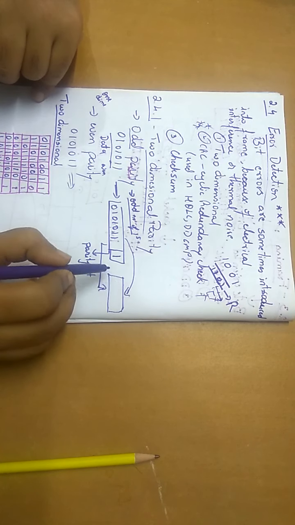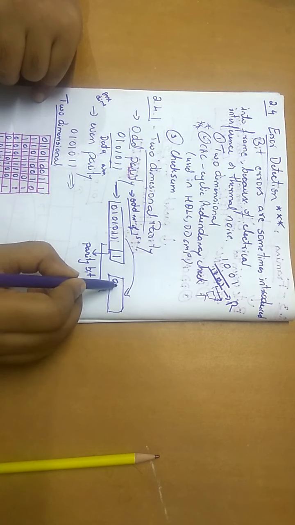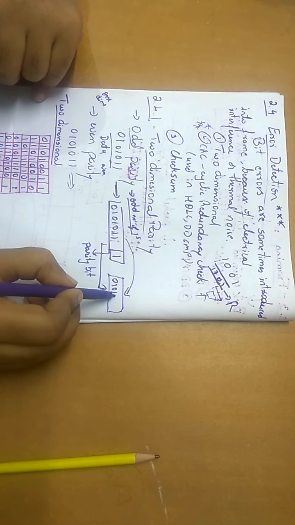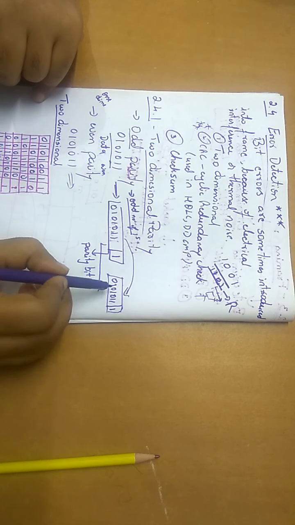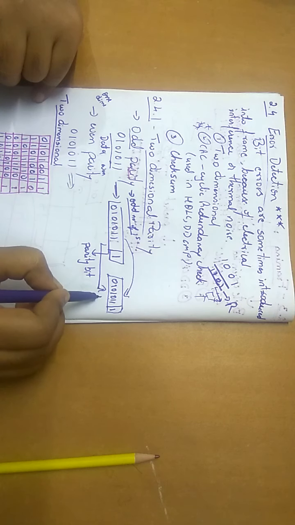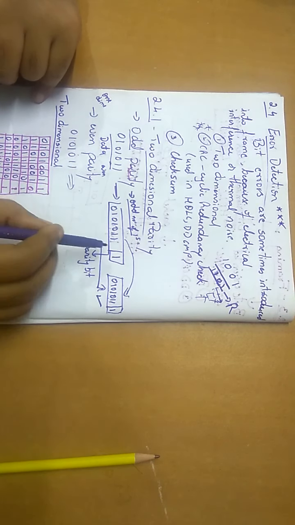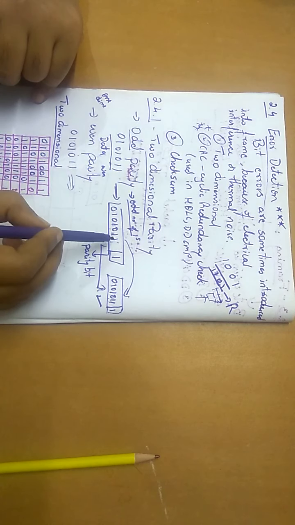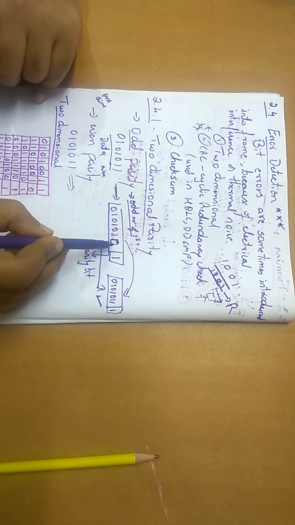At the receiver side also it will check. What will it check? 0101011 with the parity of 1. It will check how many ones are there: 1, 2, 3, 4, 5. So 5 ones are there, there is no error, and it will be accepted. Suppose there is an error, and this 1 becomes a 0 while transferring.